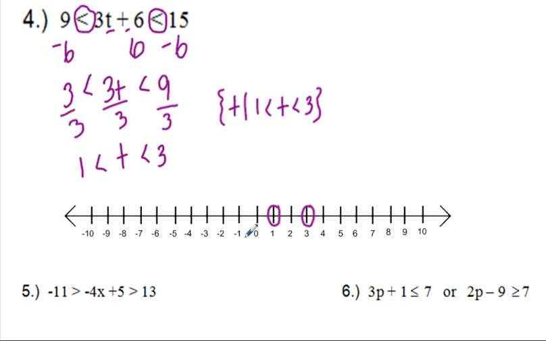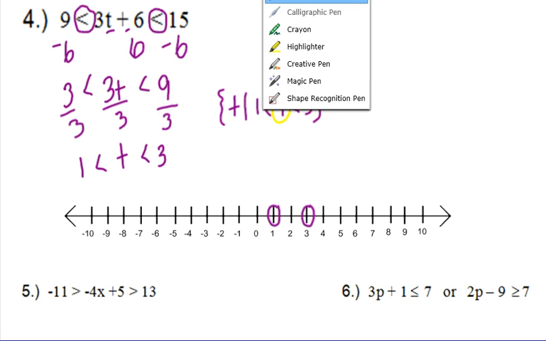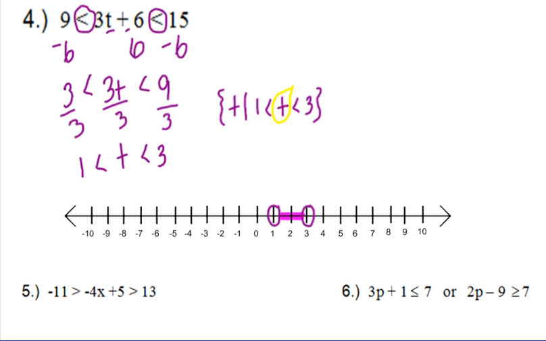However, since t happens to be in the middle of 1 and 3, this inequality tells me any value that is between 1 and 3 is our solution region, which means I'm going to be shading in between 1 and 3. So there's my graph shaded in between the values 1 and 3 to represent the solution region that 1 is less than t is less than 3.